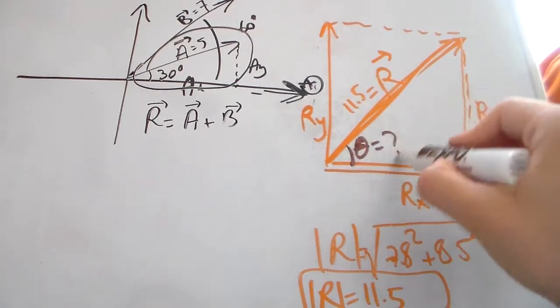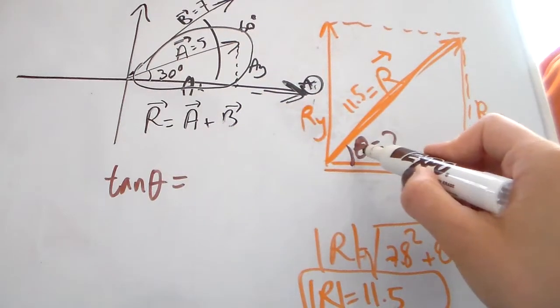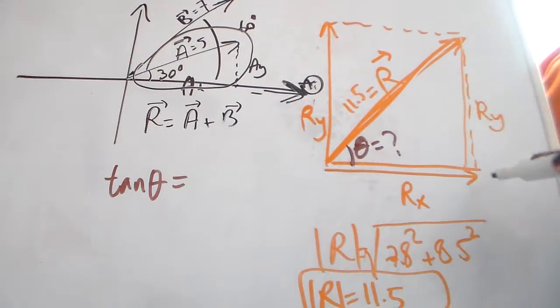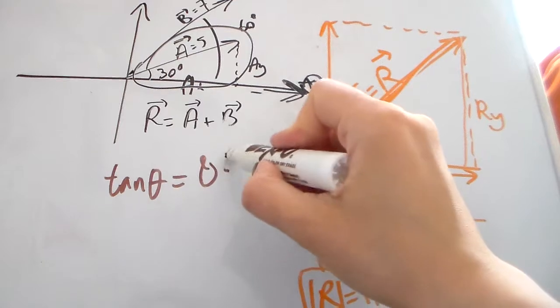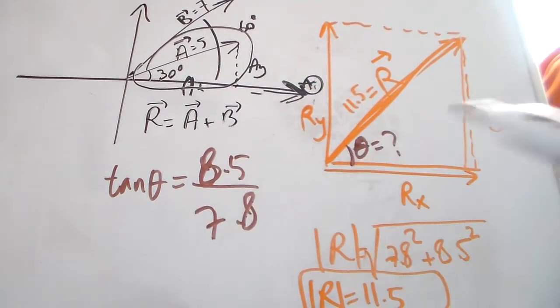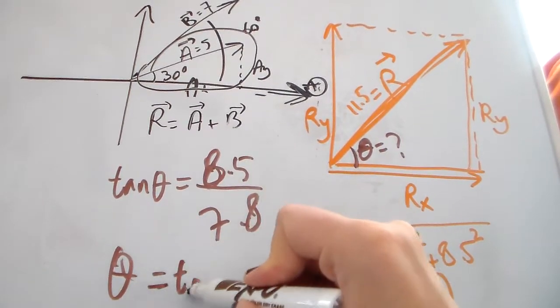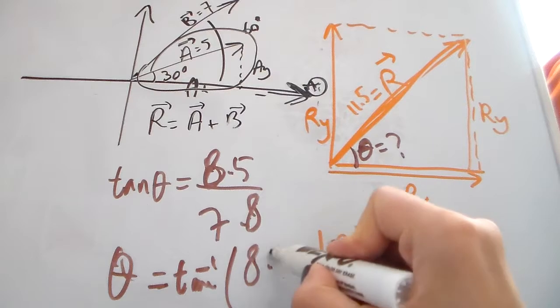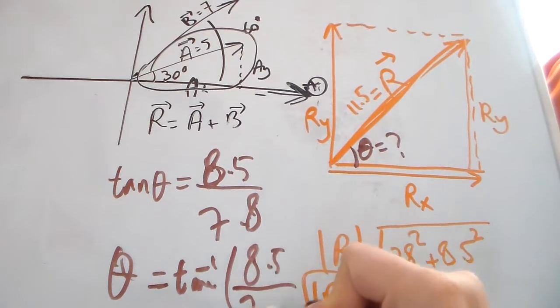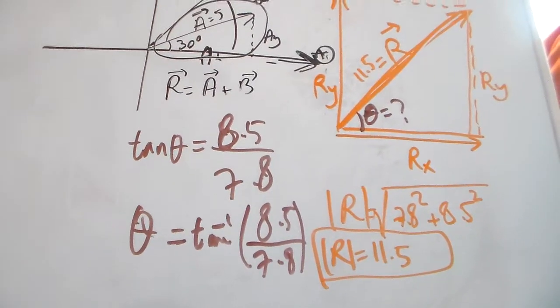And now what is this? Well, easy peasy. Tangent of this angle is opposite over adjacent. So opposite is 8.5. Adjacent is 7.8, and then theta would be tan inverse of 8.5 over 7.8. All right, so that would be that.